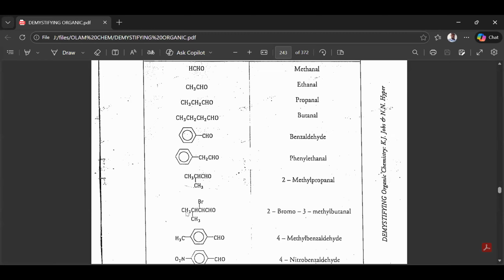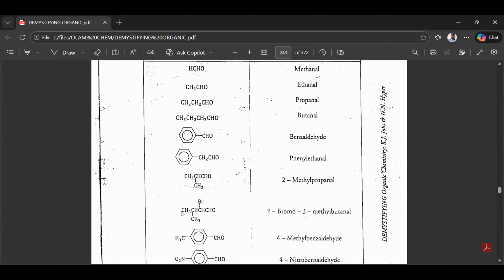So those who were counting from this side, that the methyl group is at position 2, that is wrong. Because when you say that the methyl group is at position 2, then it means the bromide is at 3 and your functional group is taking position 4, which is very wrong. So we are counting from where there is the functional group, which is the carbonyl group. So that means our bromide is at position 2, our methyl group is at position 3.